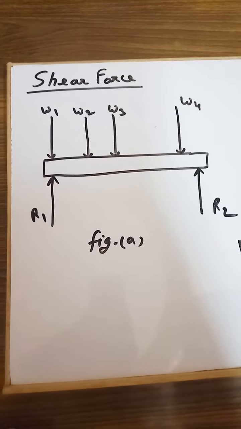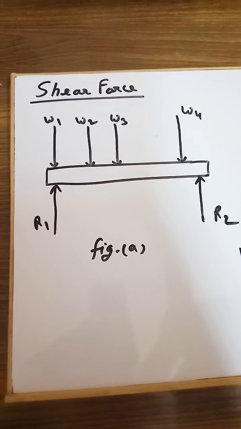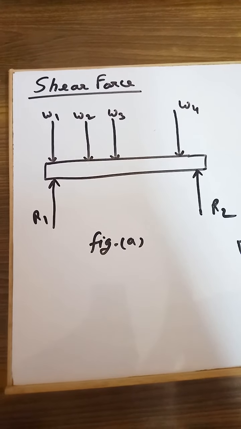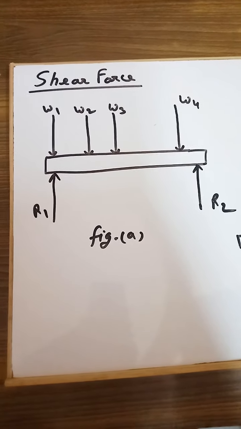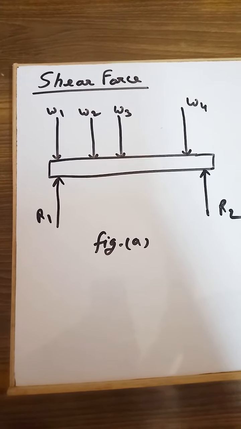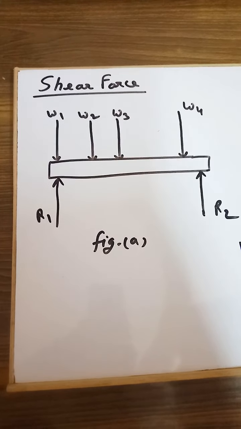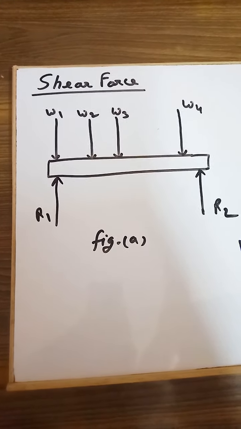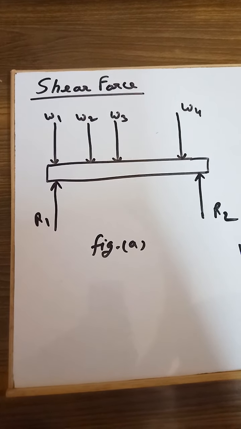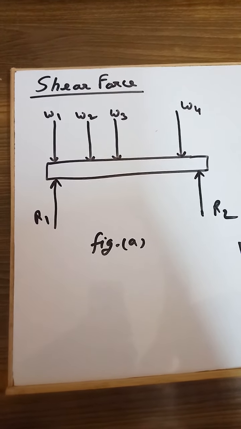The shear force is an unbalanced vertical force on one side, either the left or right section of a beam. It is the sum of all the normal forces on one side of the section. Always remember that a force at a section means a force of a certain magnitude acting at that point.